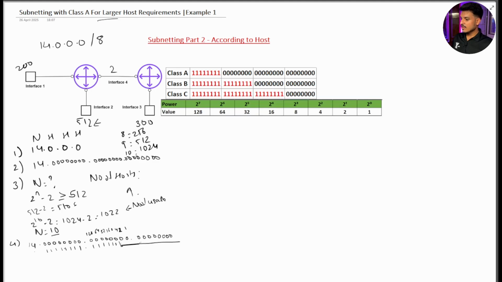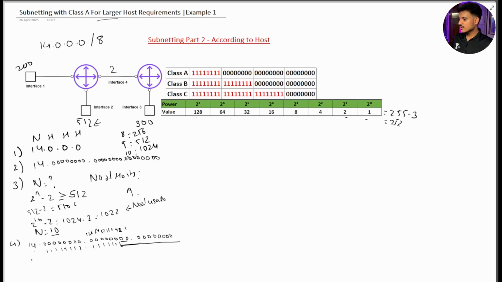Now we have to calculate the sum of the bits given to the network, meaning we have to exclude the last 2. If we sum up the values of all powers, from 128 till 1, it gives us a total of 255. We don't want the last two values, meaning we don't want the 2 and 1, so 255 minus 3 gives us 252.